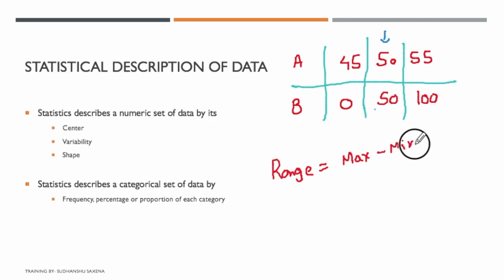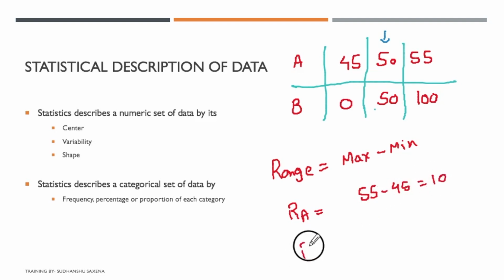So the range of A will be 55 minus 45, which is equal to 10, and the range of B is 100 minus 0, the minimum value over here, which is 100.